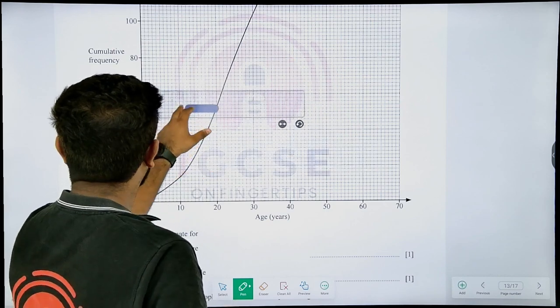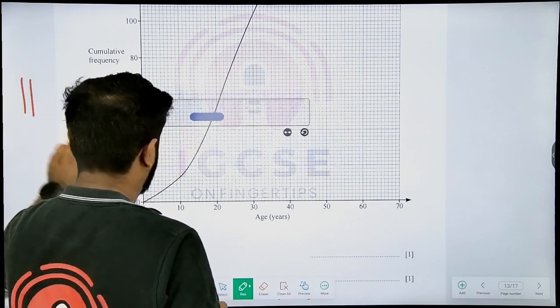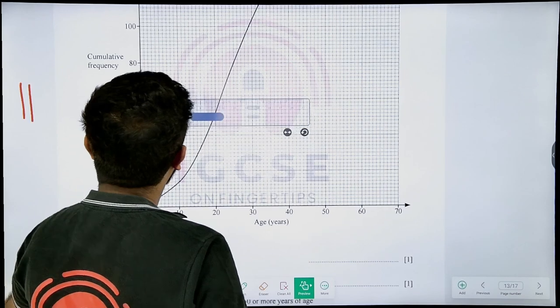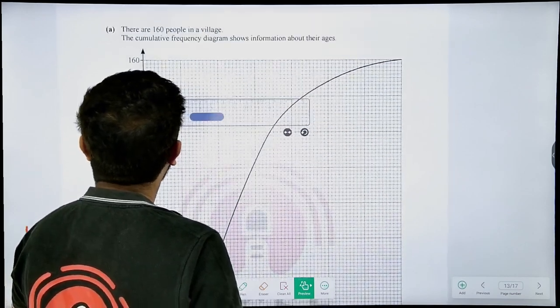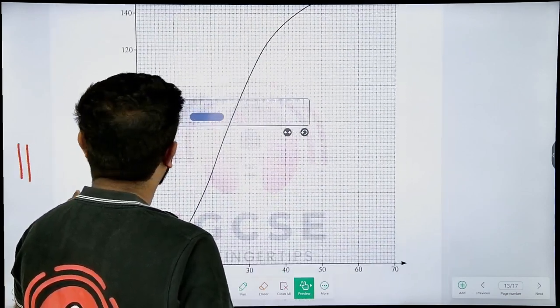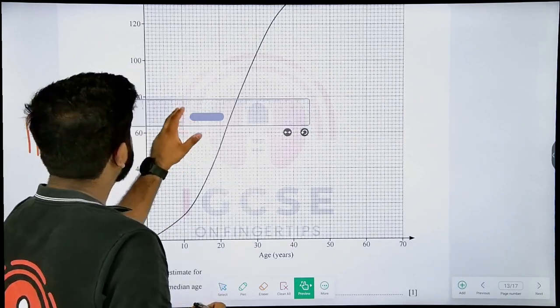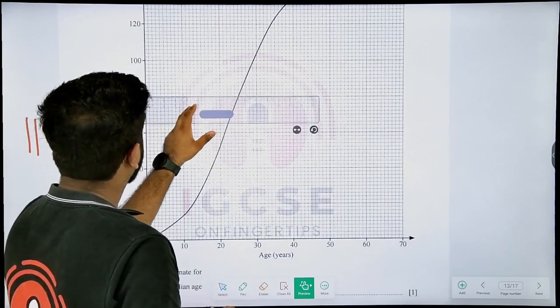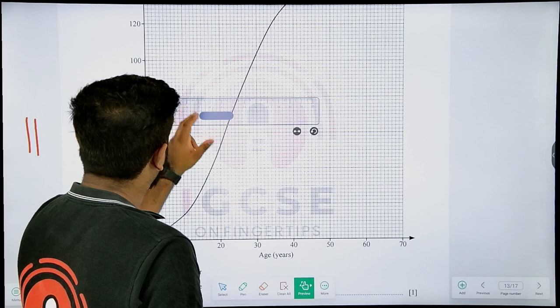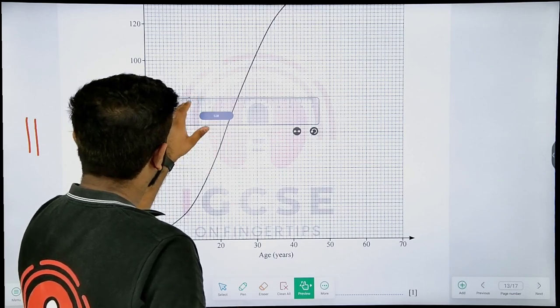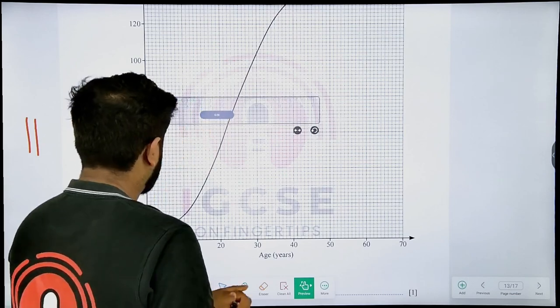So 50% means, there were 160 people in the town, right? If I'm not wrong, let me verify. Yes, there were 160 people in the town. So median means half of that, which is 80. So let me draw a line.